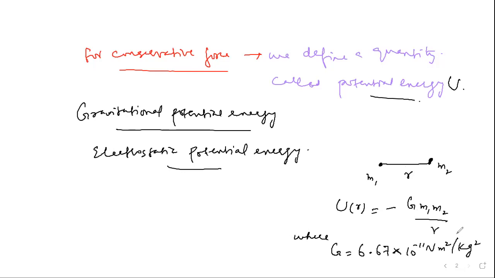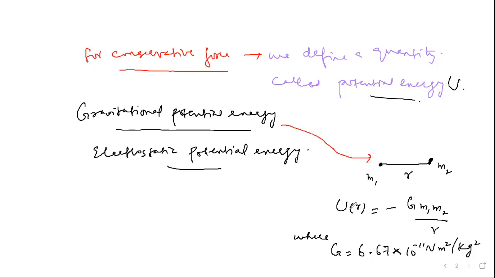This is the expression for gravitational potential energy for a two-point mass system.